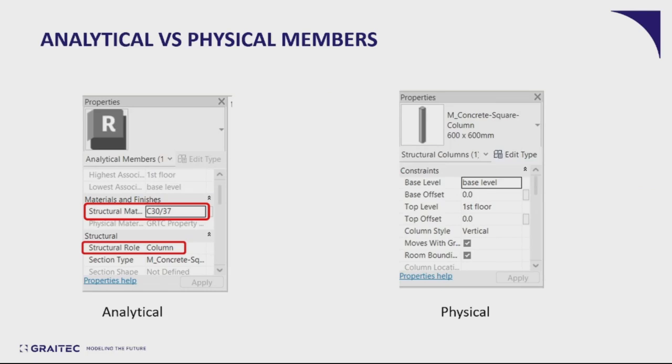On the physical one, we normally see any information related to the levels, or in which floor, such as here, this is a column, and we get information about the levels, the floor that this column belongs to. So this is pretty much the difference between an analytical and physical model when it comes to the properties the user sees on their screen on Revit.